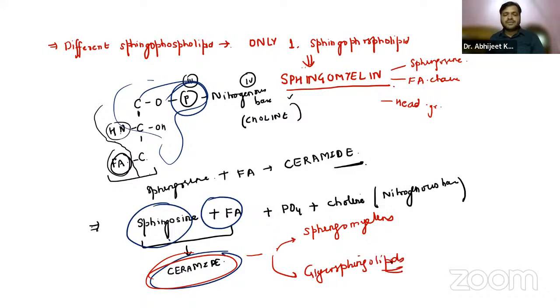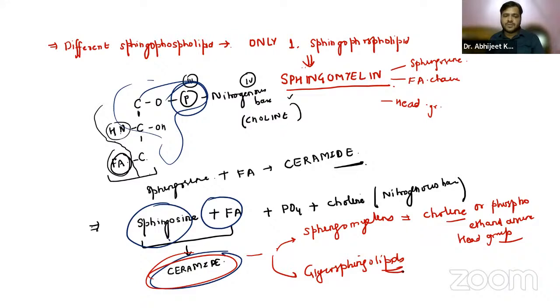Now, when I say sphingomyelin, guys, you already know it contains a phosphocholine as the nitrogenous base, or a phosphoethanolamine head group. And they are abundant in the myelin sheath that surrounds the nerve cells.